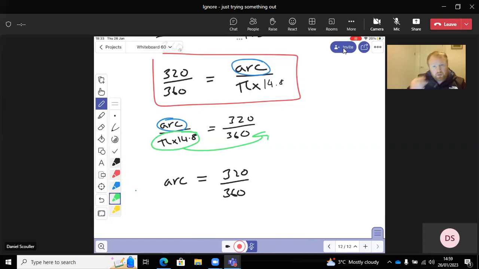So when we move it over to the right, they both become multiplied. Don't be thrown by the fact that it says pi times 14.8. They're both underneath that word arc, so they're both underneath that length that we're finding. So when we move them over, it's that fraction 320 over 360 multiplied by pi multiplied by 14.8. If you put that in your calculator, you should be getting 41.3 centimeters out.